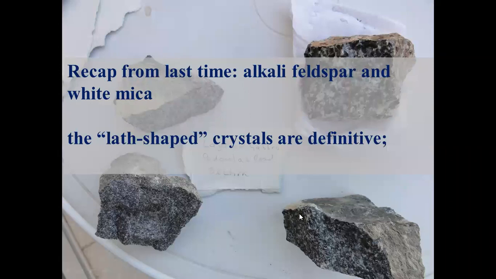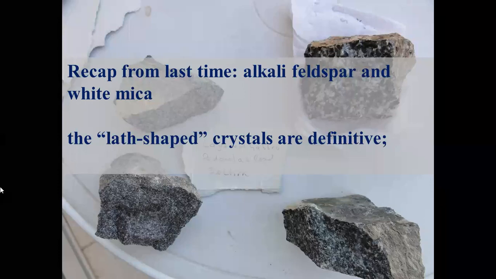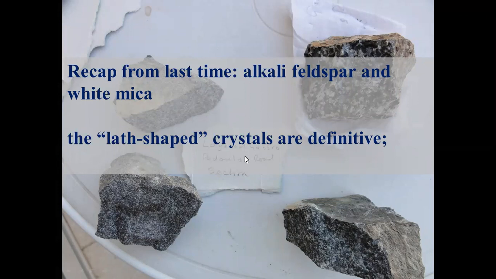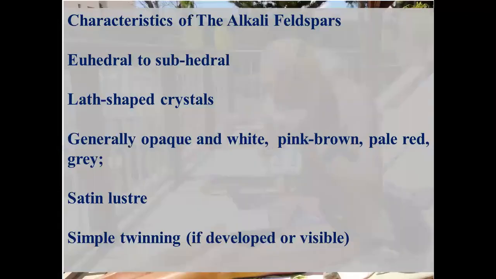Well, we looked at the alkali feldspars, and we also looked at white micas. And when we were talking about the alkali feldspars, and this was a bit of a recap from the first week, these particular shaped crystals, what we call lath-shaped crystals, those were definitive in being able to identify alkali feldspars and plagioclase feldspars as well.